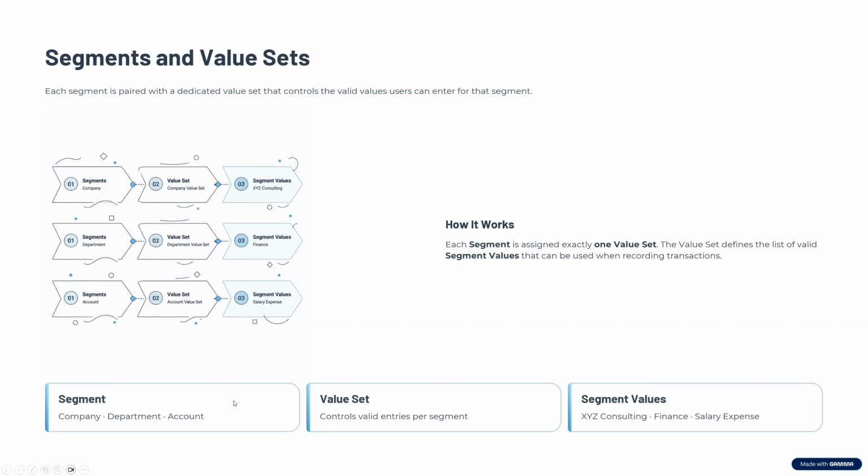This is the level of the segment. The segments are company, department, and account, and the value set controls the valid entries per segment. Under the segment values, we have consulting, finance and expense. This is what you can call a code combination.